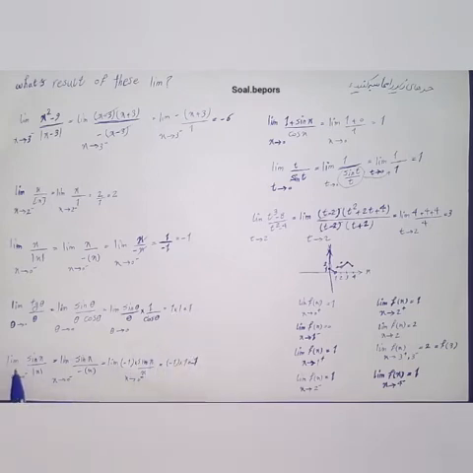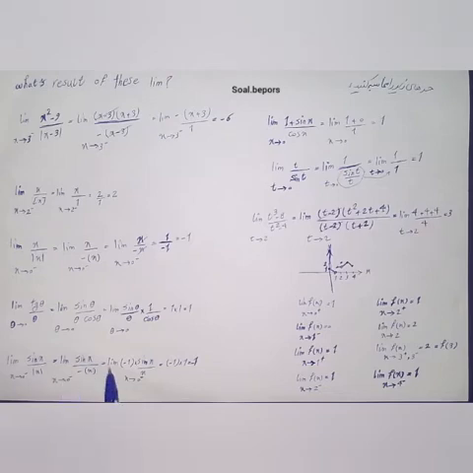Another one is the limit of sine x divided by absolute of x when x goes to 0 from left. We know that from left x is negative, so we delete the absolute and put minus instead of absolute.